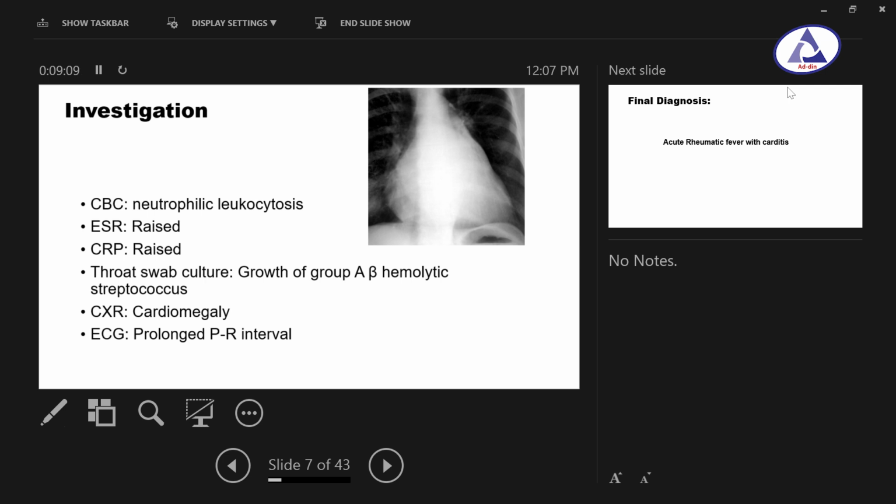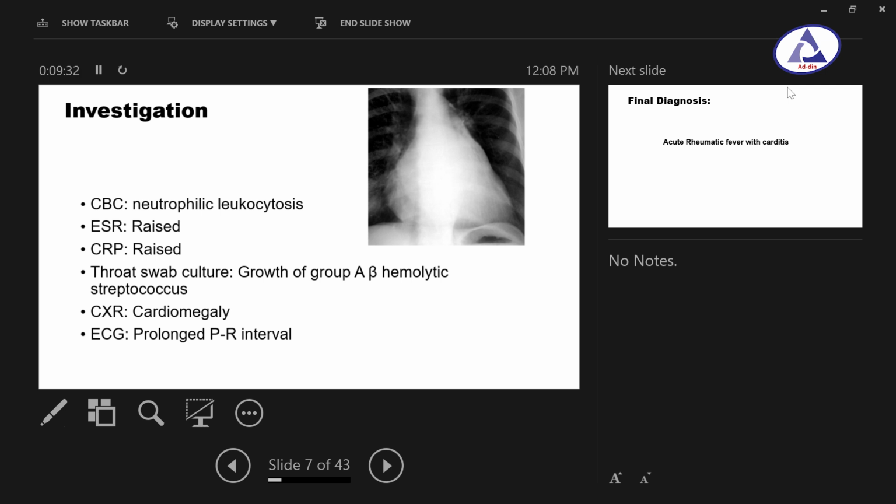Acute rheumatic fever with mitral regurgitation or carditis, because the child is 6 years old, involvement of the large joints, both upper and lower limbs. Then he had a fever and joint involvement was migratory in nature.